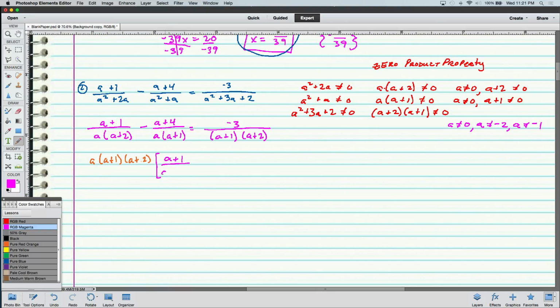And I'll write the original problem back in pink. Equals, and then again we have our right side of our problem multiplied by our least common multiple.